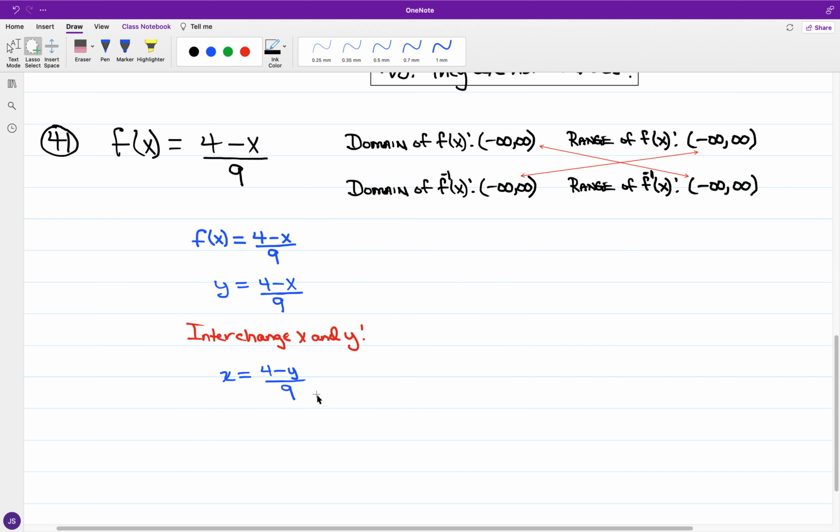Right now, if I multiply the equation by 9, on the left-hand side of the equation this will be 9x. On the right-hand side, the 9s will cancel out, so I have 9x is equal to 4 minus y.